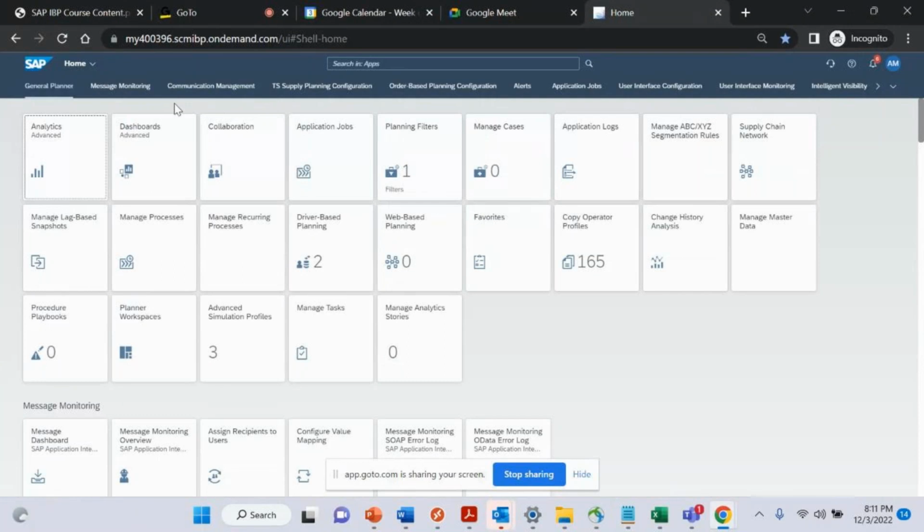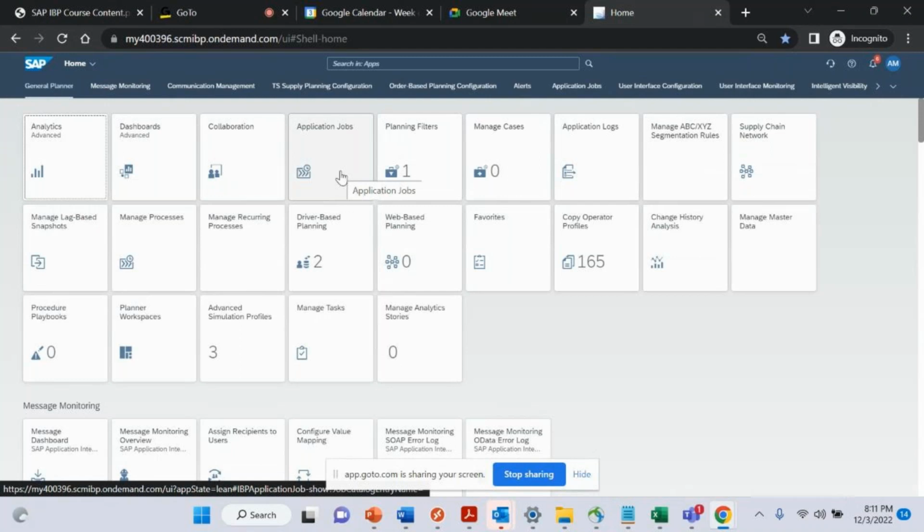Here we have the general planner tab, under which come analytics, dashboard, application jobs. I remember that Srikant or Pranavesh mentioned they are running and scheduling the application jobs. They can do it from this application job tab.